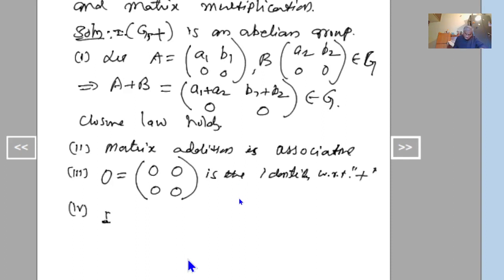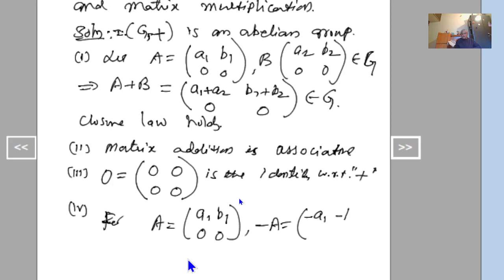And fourth one, for A equal to A1, B1, 0, 0, let me denote minus A equal to minus A1, minus B1, 0, 0, right?